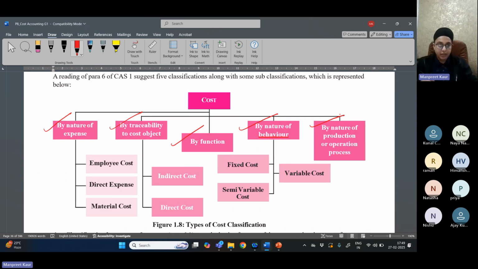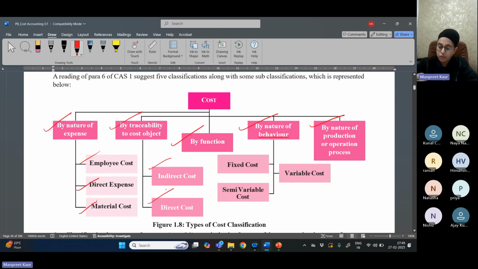On the basis of nature of expense, it is material, labor, and direct expenses. On the basis of the cost object, that is the indirect cost and direct cost.